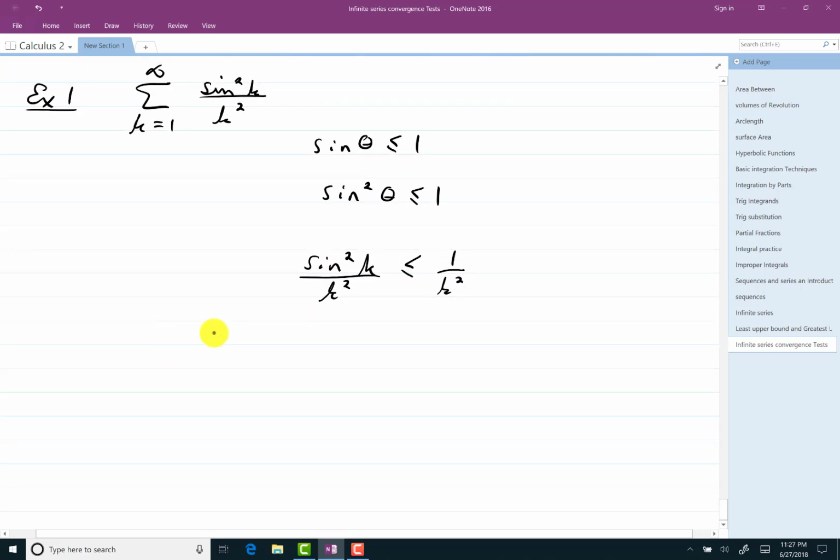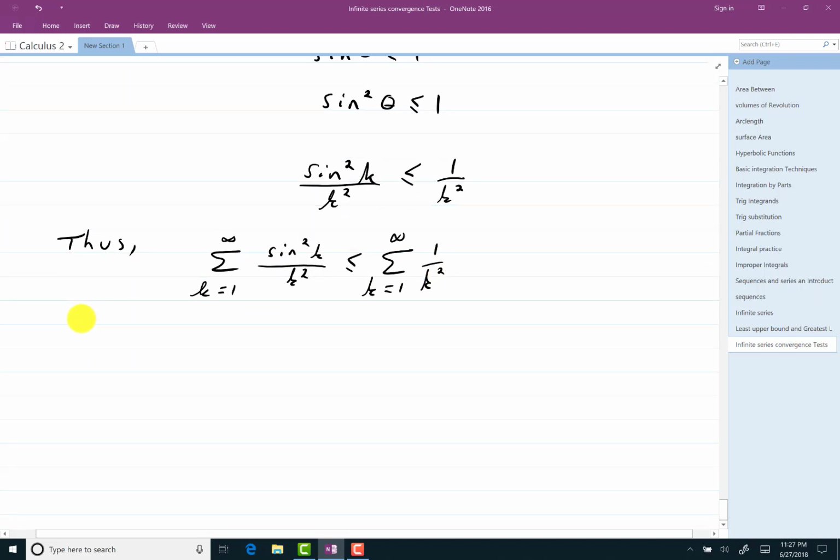Thus, I know that my series, the sum from k equals 1 to infinity of sine squared of k over k squared, is less than or equal to the sum of 1 over k squared. And with positive terms, that's good enough. This shows that this particular series is going to converge because I know that 1 over k squared converges.